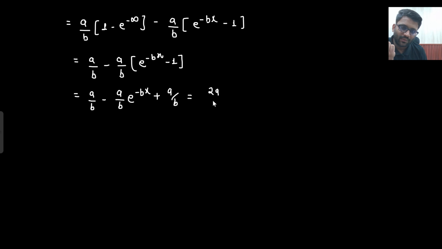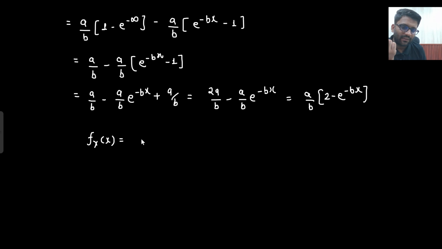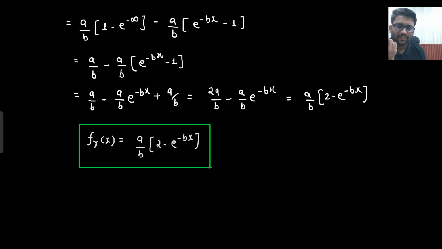So that would be equal to 2a by b minus a by b e to the power minus bx. So a by b times 2 minus e to the power minus bx. So your fx of x is coming out to be this. It was purely based on integration, nothing else. With this particular question, I just wanted to test the integration, nothing else. There you go. This is what we are getting.